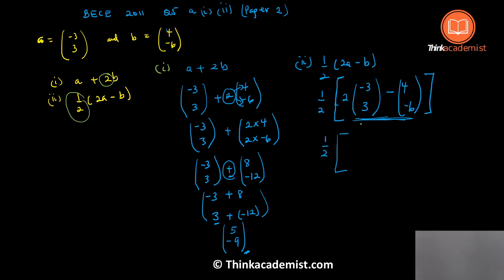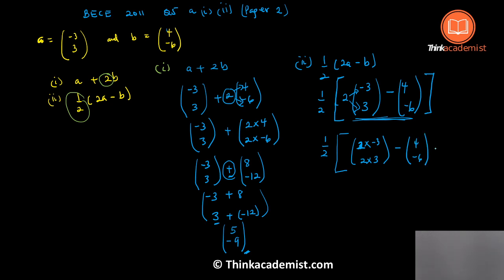So it means that this is going to multiply, this is also going to multiply. So it becomes into bracket (2 times -3, and then 2 times 3). We close the bracket, and then we have minus (4, -6). Let's simplify this one quickly.